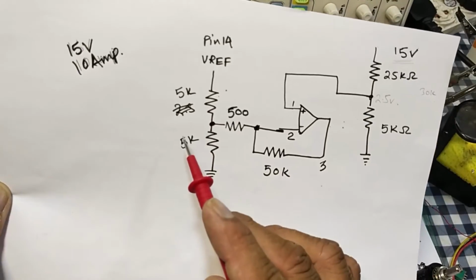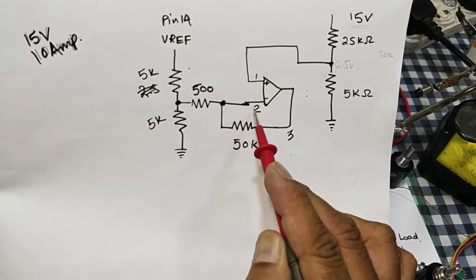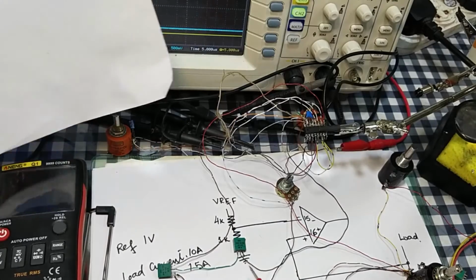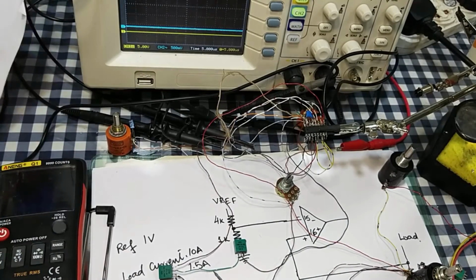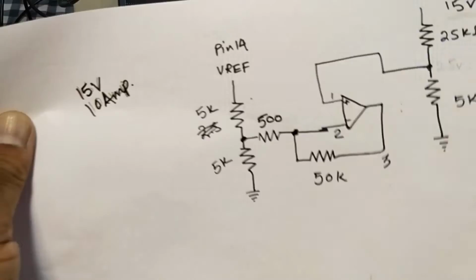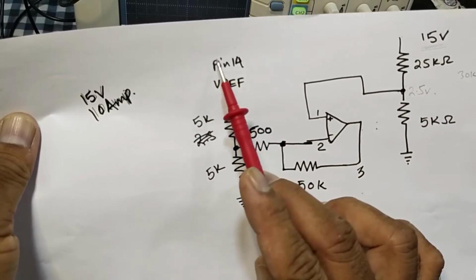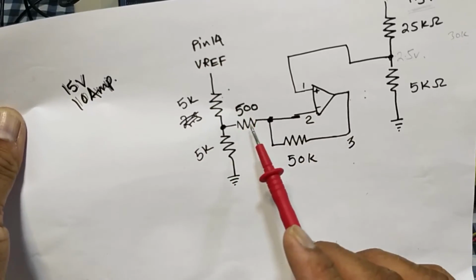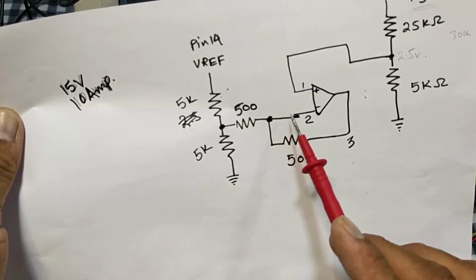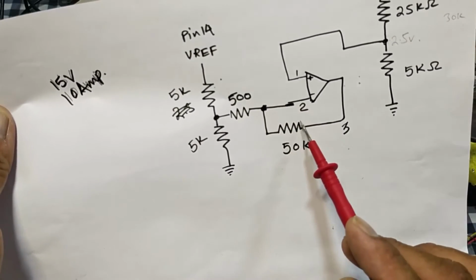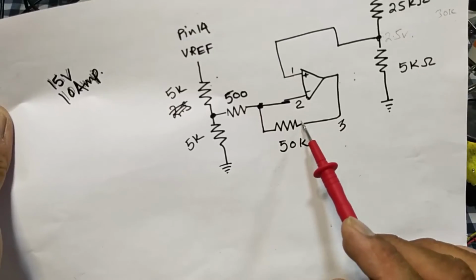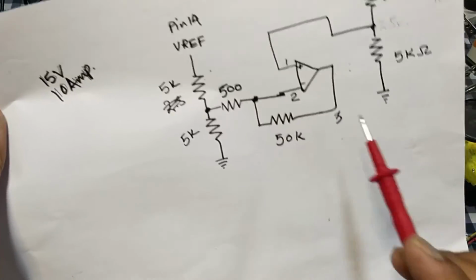We applied a reference voltage of 2.5 volts by programming this resistor. These two resistors here, 5 kilo ohm, 5 kilo ohm, will divide the 5 volt reference from pin number 14 and ground, and a 500 ohm current limit resistor to pin number 2, and a gain control feedback resistor at pin number 2 and 3.